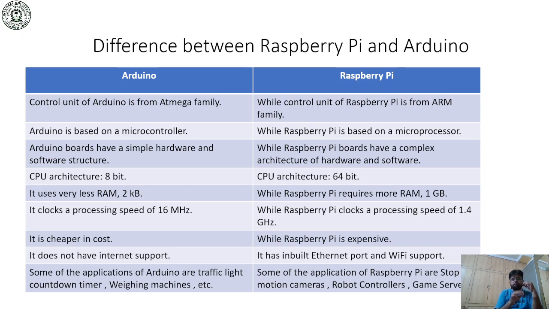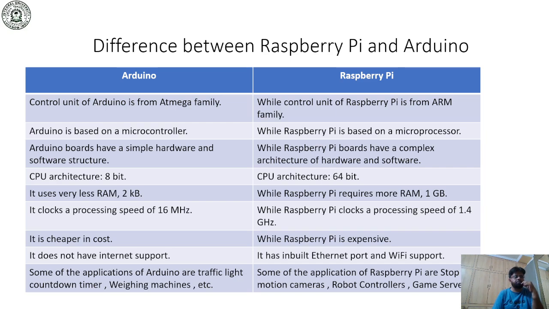But in the Raspberry Pi we use the microprocessor, the same microprocessor that you use in your smartphones. So you can perform different operations, not designed for a specific application. You can use different applications using the microprocessor.